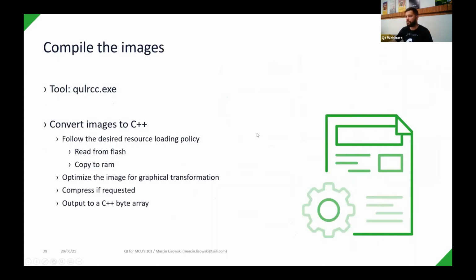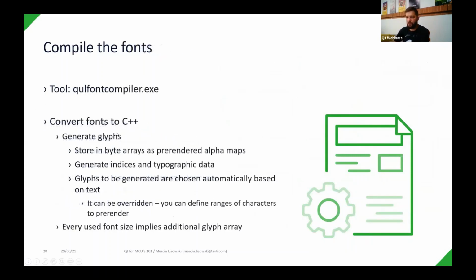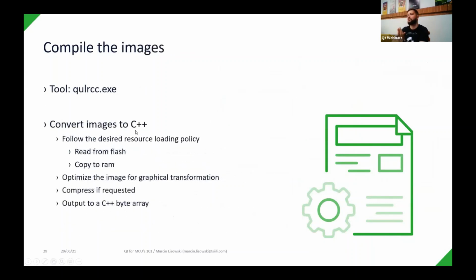Well, so this was in overall how the build process looked like, and right now let's focus on the tools themselves. QMLRCC is a tool to convert the images to C++. As I said, it follows desired policies.